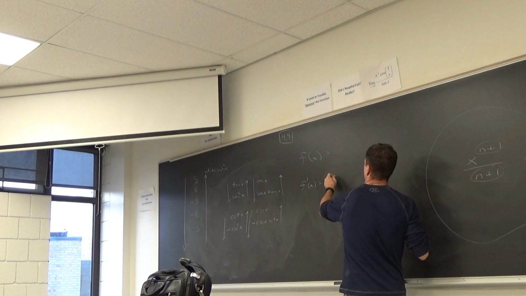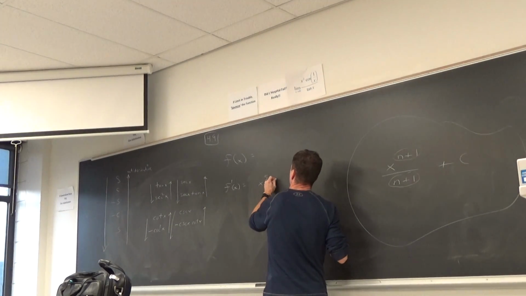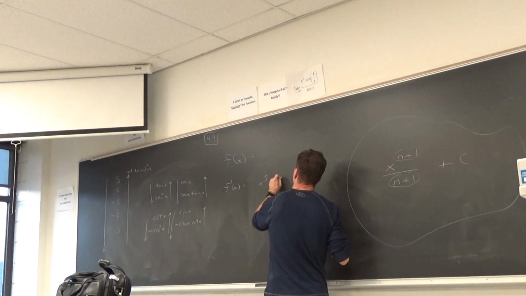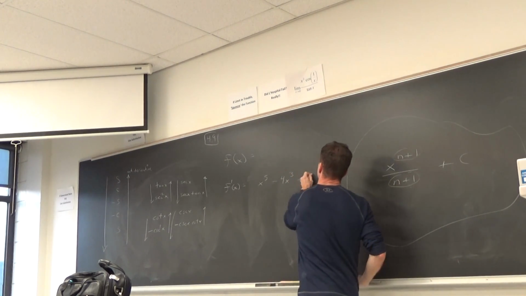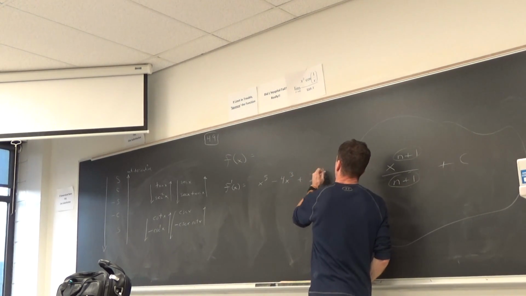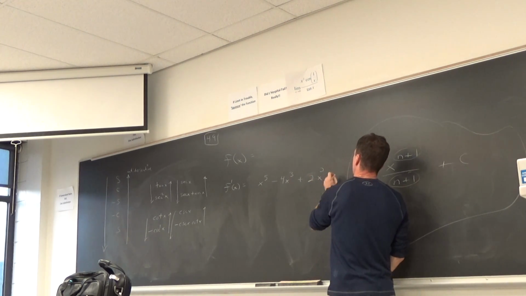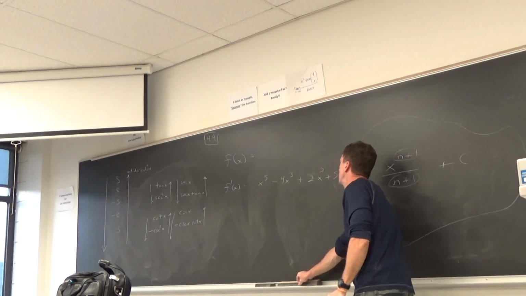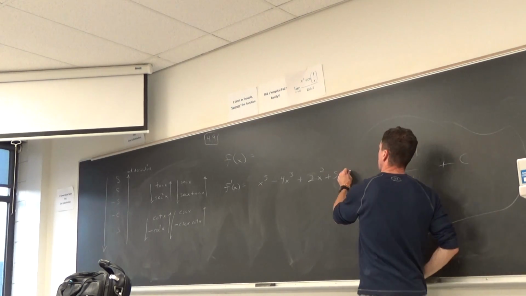So how about x to the fifth minus 4x to the third plus 2x squared, plus 5x plus 7.